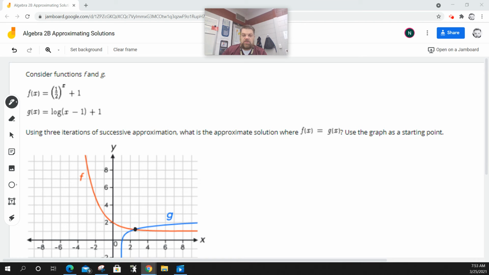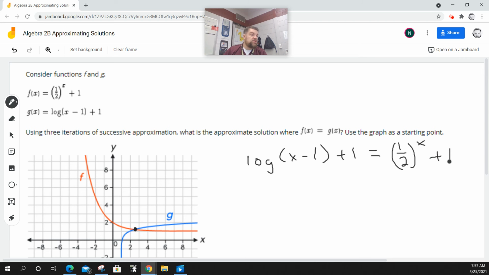We've got to set them equal to each other first and foremost. So I'm going to say log, because that's what we're really saying is when do these two equal each other. Log of x minus 1 plus 1 should be equal to 1/2 raised to the x plus 1.